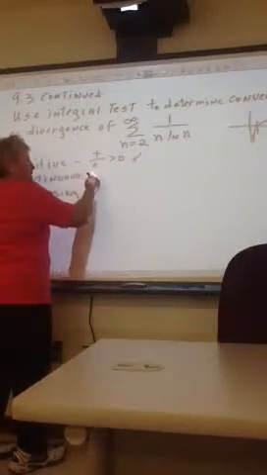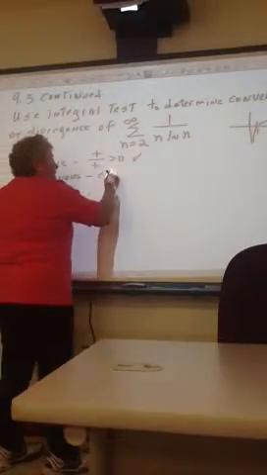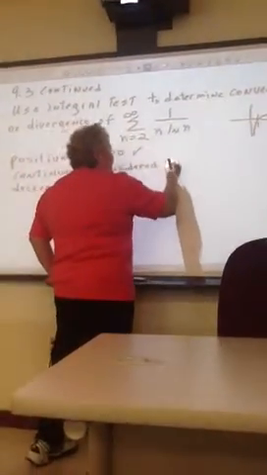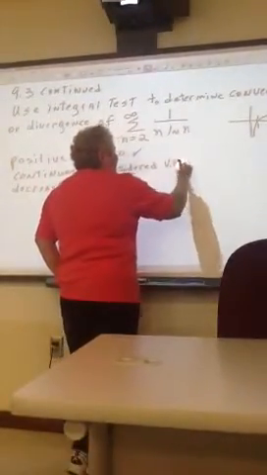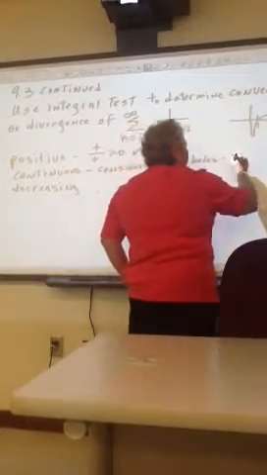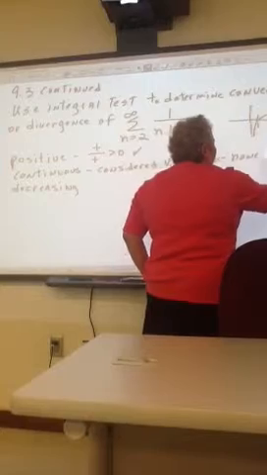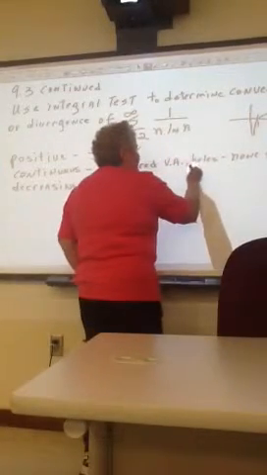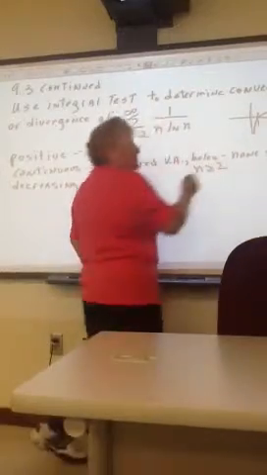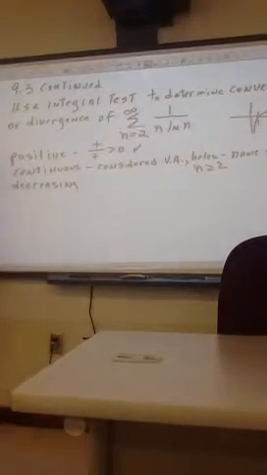So I'm just going to say that we considered vertical asymptotes and holes, and there were none for n greater than or equal to 2. So that's sufficient.